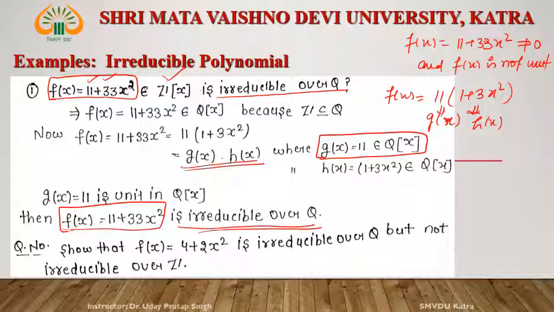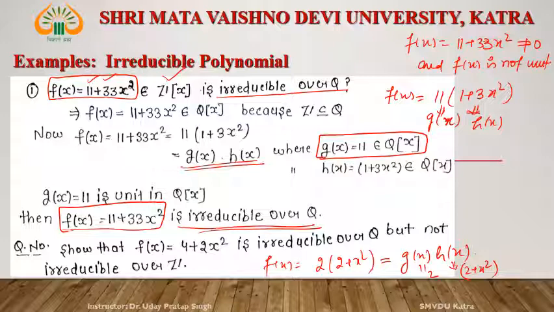Similarly, 4 plus 2x square, this f(x) can be written as 2 times (2 plus x square). So this we call g(x) into h(x). What is g(x)? g(x) is 2. What is h(x)? 2 plus x square. What is 2? 2 is invertible.